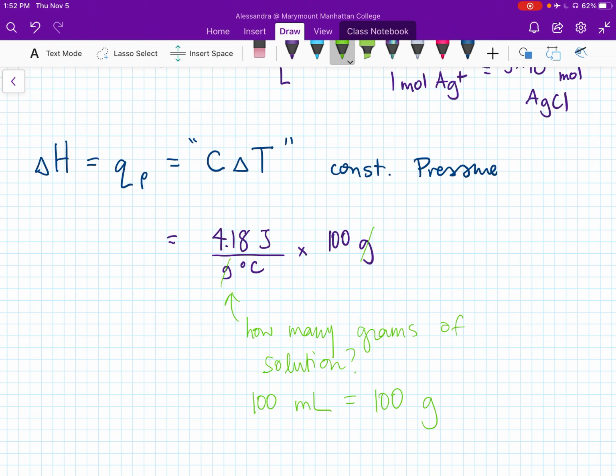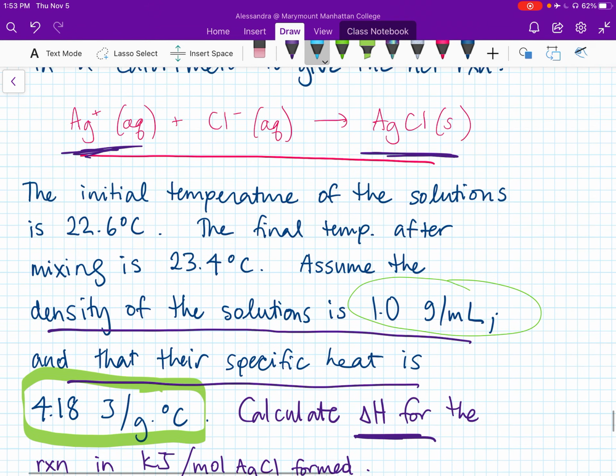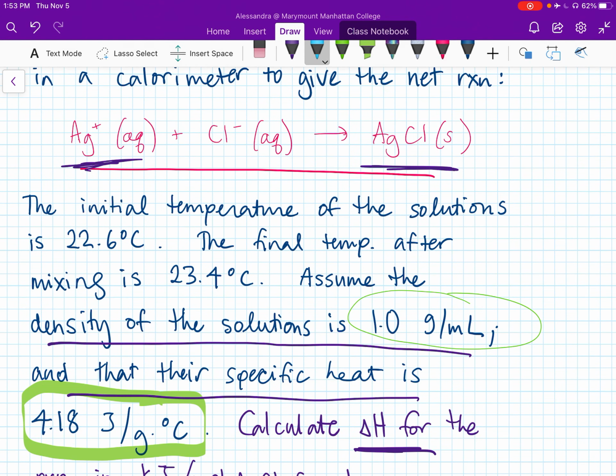The final thing I need to figure out is how to get rid of the degrees Celsius. So I need to figure out what delta T is. Delta T is equal to T final minus T initial. So looking at this problem, I start at 22.6 degrees and I end up at 23.4 degrees Celsius.